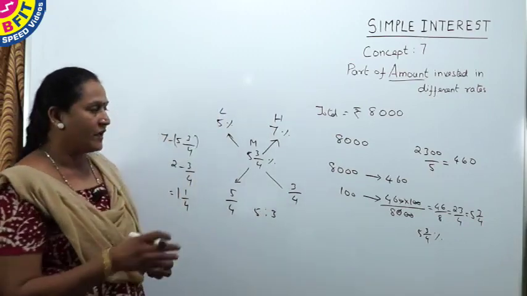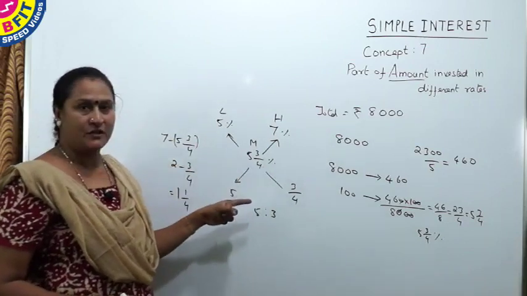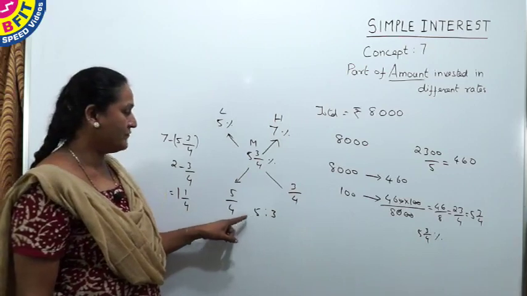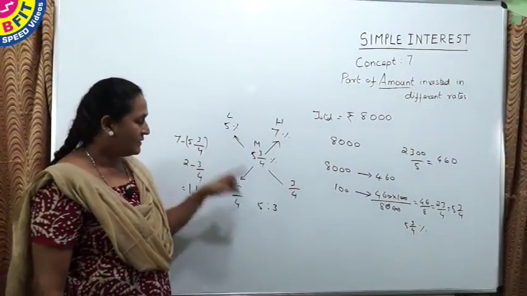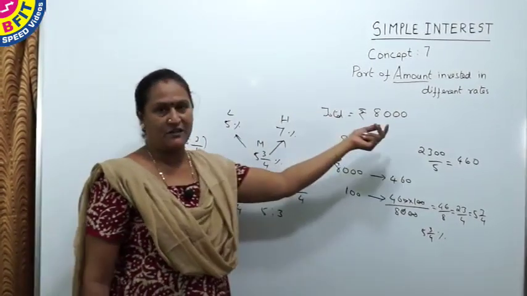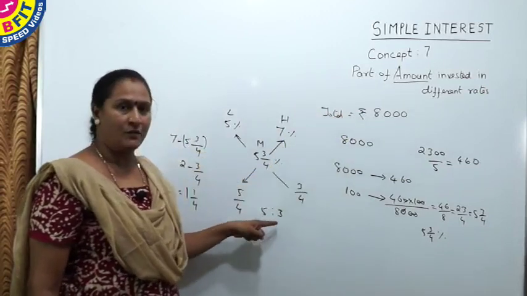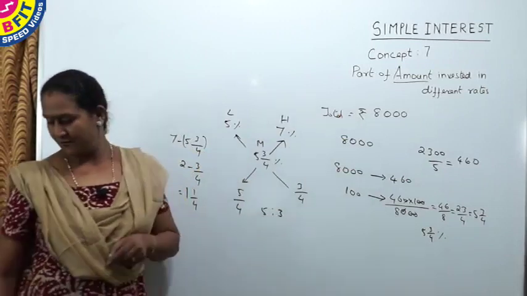So instead of working out, finding the median rate, we have used the alligation process to get the ratio of investment. The ratio got here is 5:3. So 5 parts is lent at 5% rate, 3 parts is lent at 7% rate. What is the total investment? 8,000. So 8,000 is divided into total parts. How many parts do we have? 5 plus 3, 8 parts.